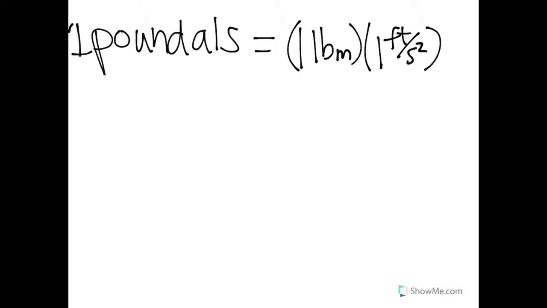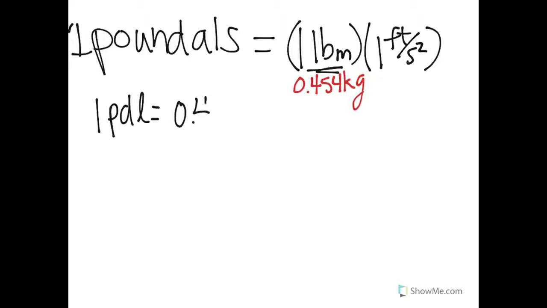Now, we know that this pound mass is 0.454 kilograms, so we already know that 1 poundal is equal to 0.454 kilograms feet per second squared.